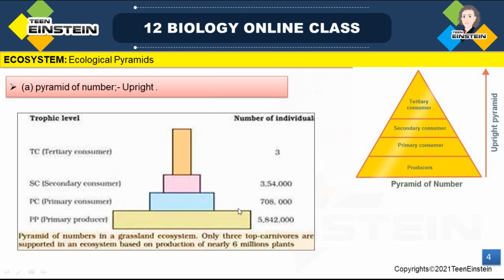We know that in most ecosystems, you can see the maximum number of producers. Producers will be more in number.